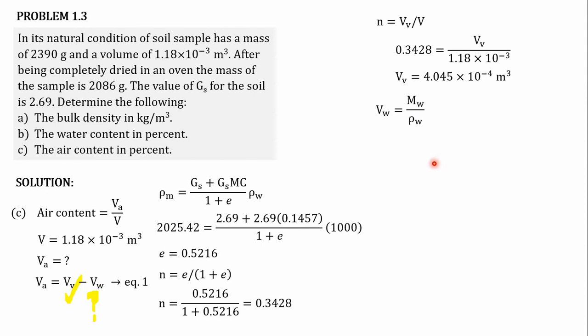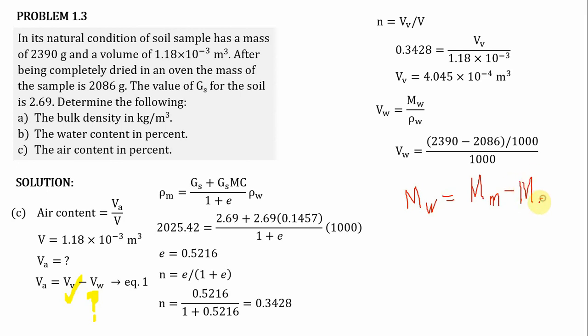And we know that the mass of water is equal to mass ng moist minus mass ng solids, divided by 1,000. Explain ko muna to para hindi malito. Mass ng water is equal to mass ng moist minus mass ng solids.